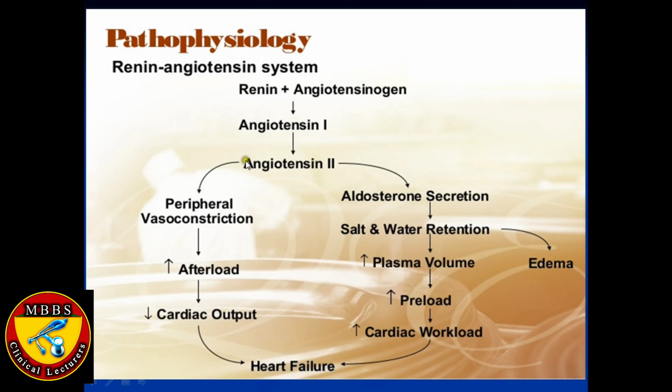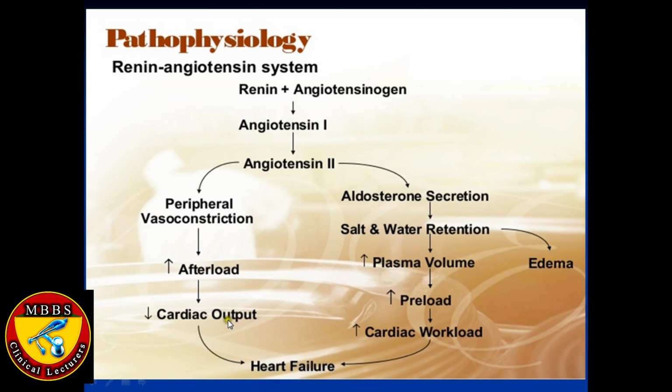Another important effect of angiotensin 2 is that it causes aldosterone secretion. The effect of aldosterone secretion is to retain salt and with it water. This will contribute to edema and also increase the plasma volume, and hence increase the preload, that is the amount of fluid or blood before it enters the heart. So there is increased afterload and increased preload.